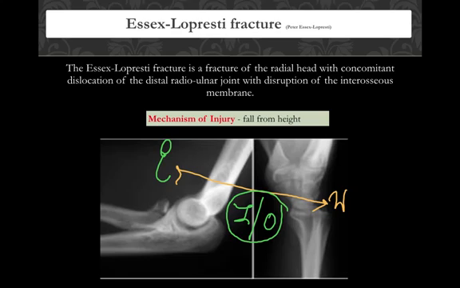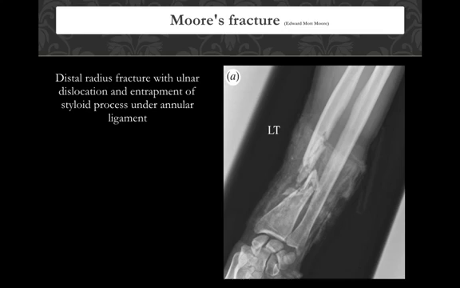There is a fracture of the radial head with dislocation of the distal radioulnar joint because of disruption of the interosseous membrane. Question asked: Essex-Lopresti injury involves radial head, interosseous membrane, distal radioulnar joint. If you have to choose one, the better answer is interosseous membrane, which explains the mechanism of Essex-Lopresti fractures.